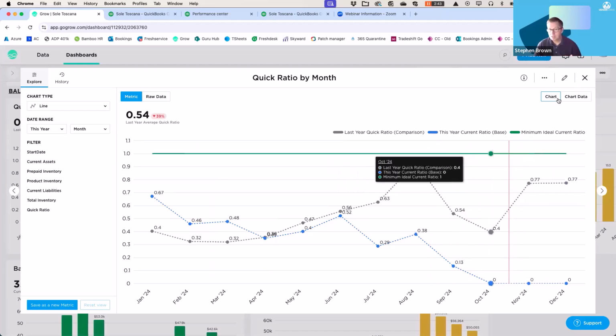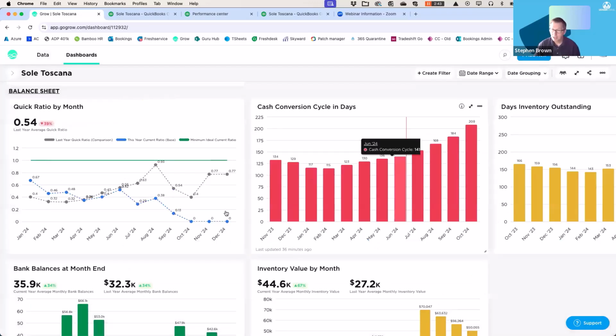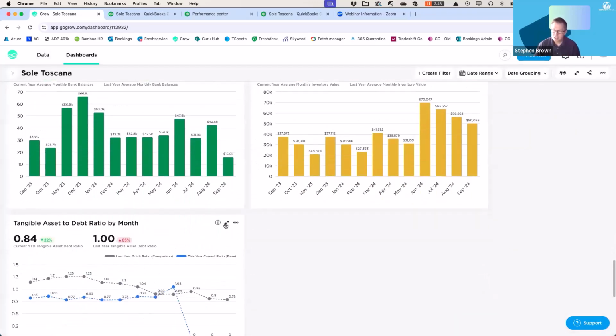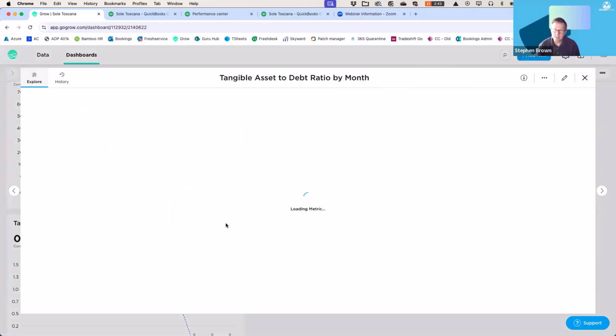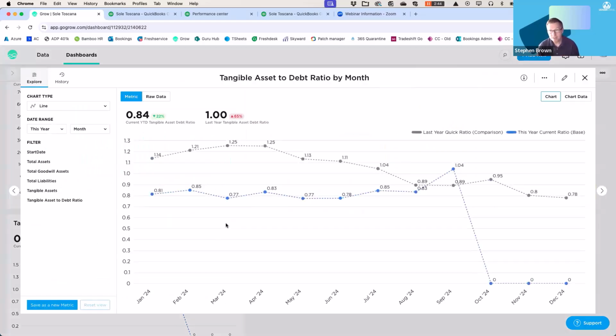Okay, so that is one indication. This is a quick ratio, and it doesn't look pretty. Likewise, I have asset to debt, but because we bought the business, my ratios are all messed up.